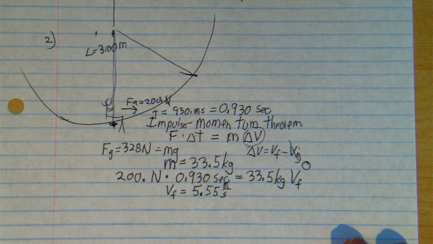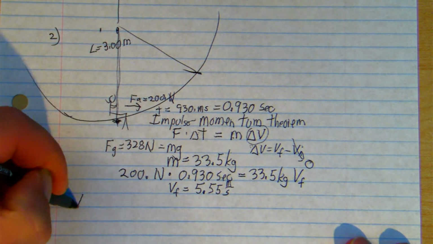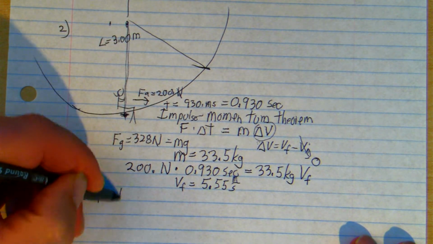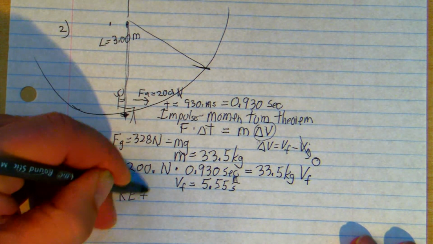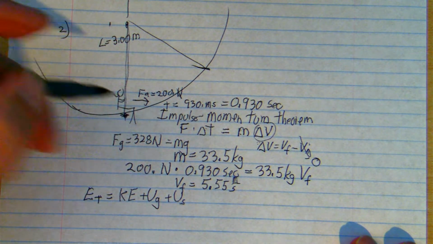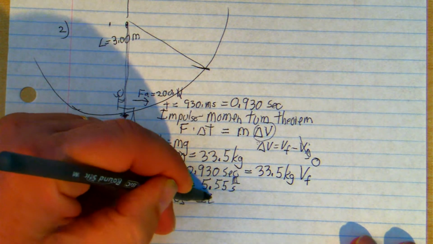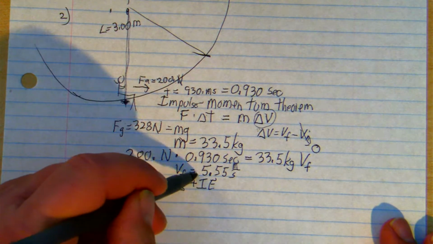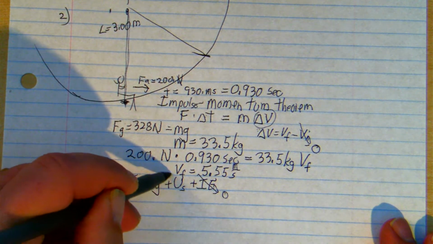Now I can use conservation of energy. All the energy present is the sum of the kinetic energy and the gravitational potential energy and the energy stored in the spring and the internal energy due to friction trying to stop things from moving. We're ignoring friction, and there is no spring.